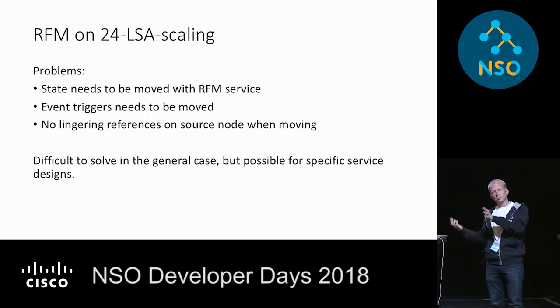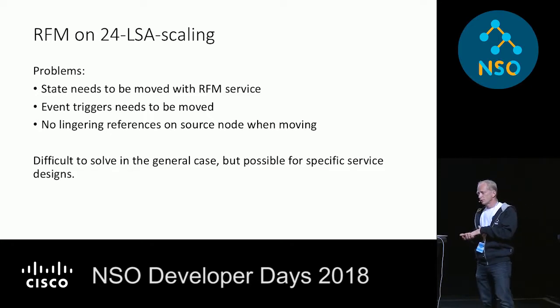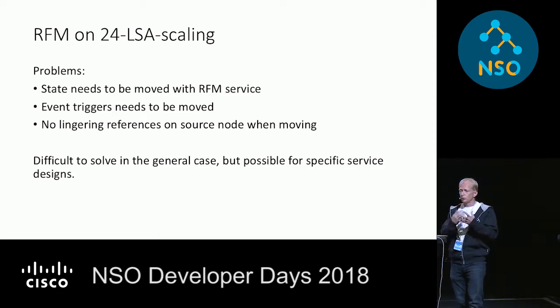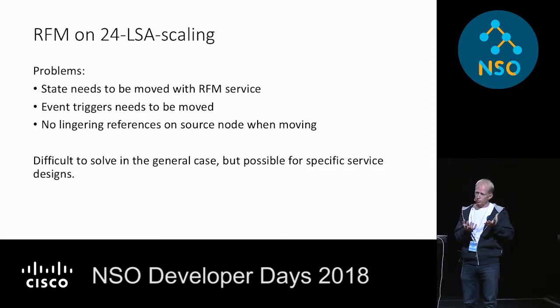So you get a more complicated situation. But if you have a service that you know intimately, that you have developed yourself, you probably know all about these constraints, and then you can create the necessary extraction code for moving that service.